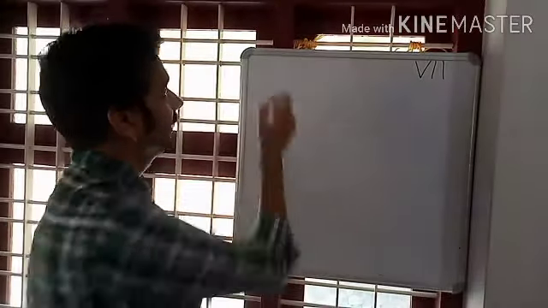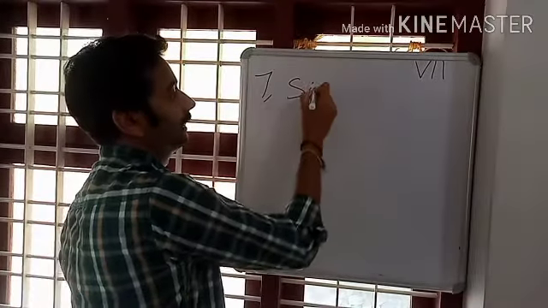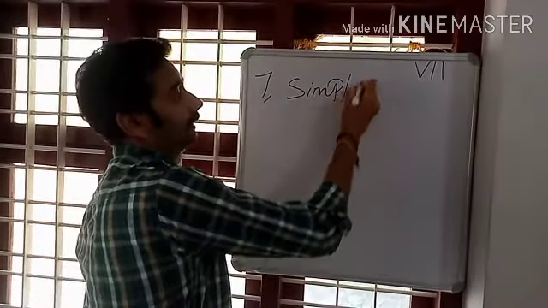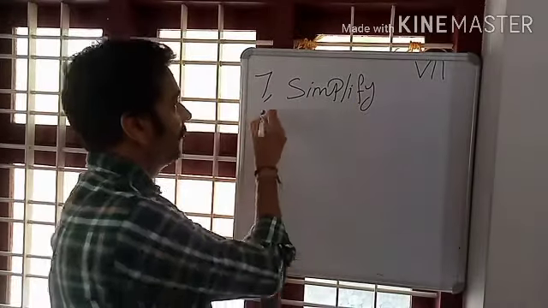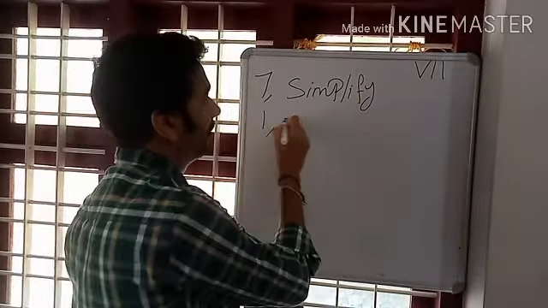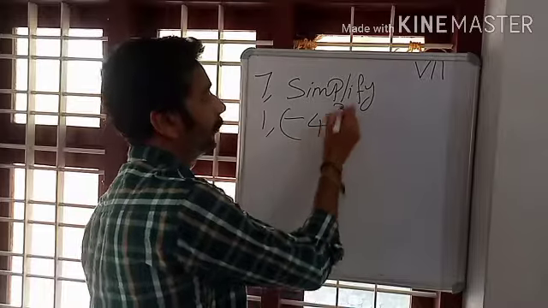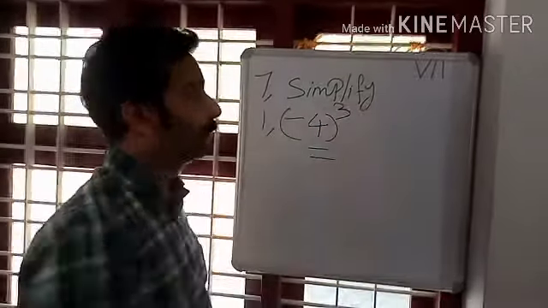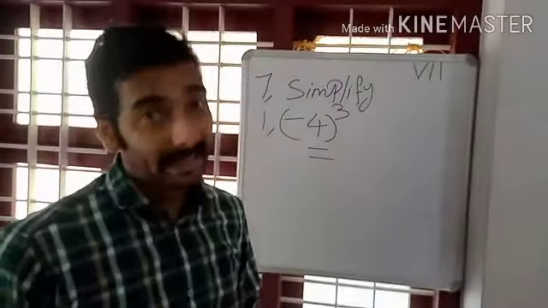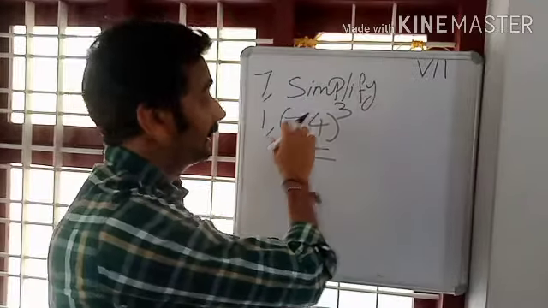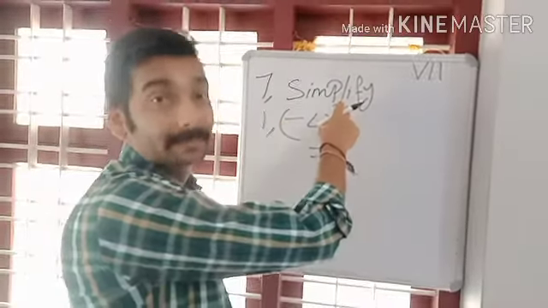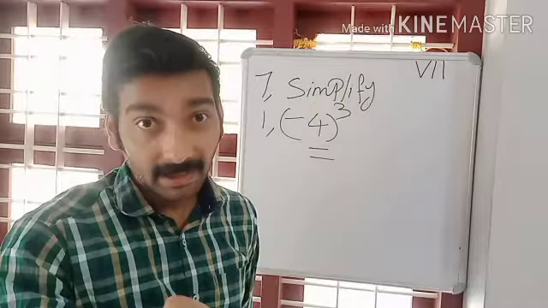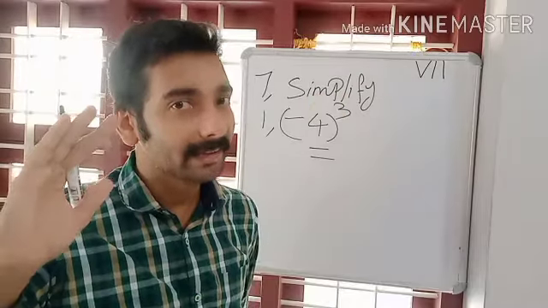Then seventh one, simplify. First question, minus 4 all cube. In the case of a negative number, if the power is odd, the result is negative.